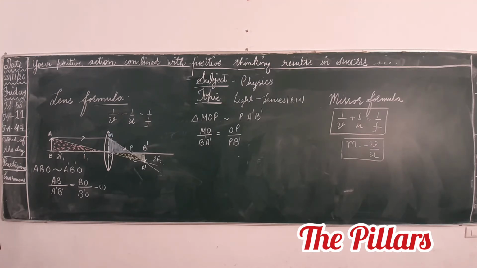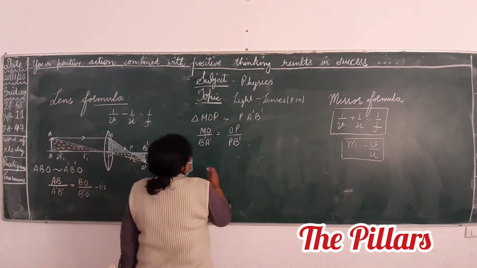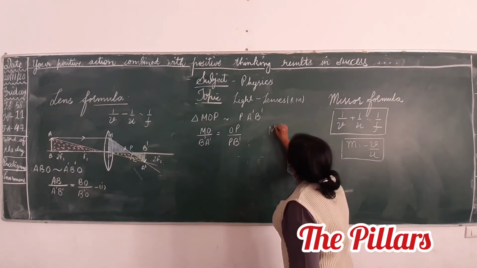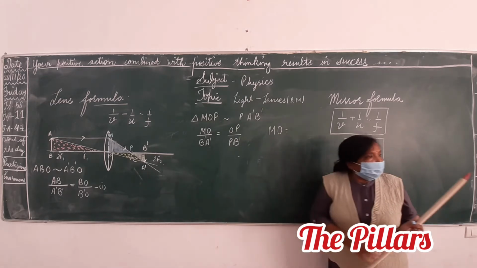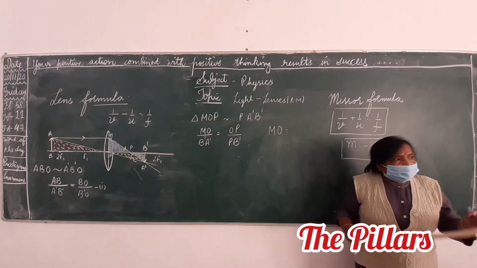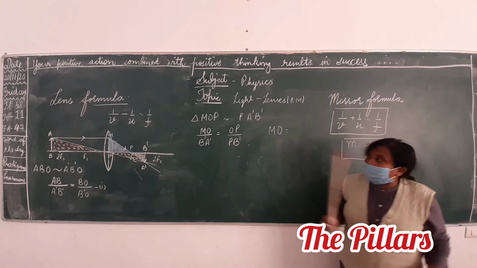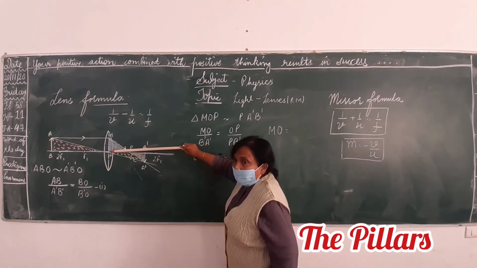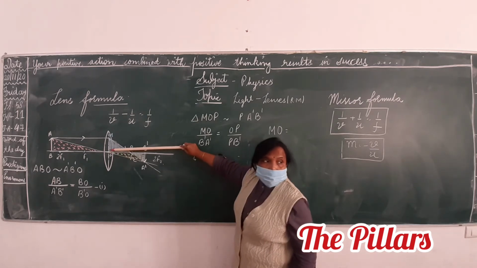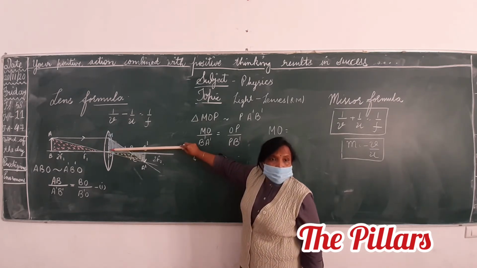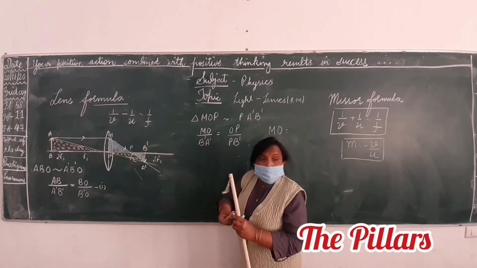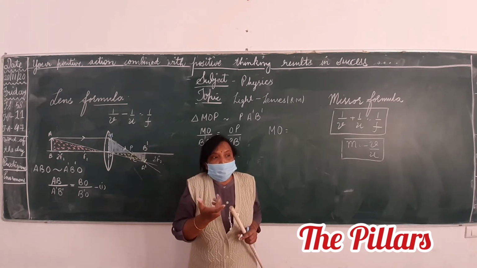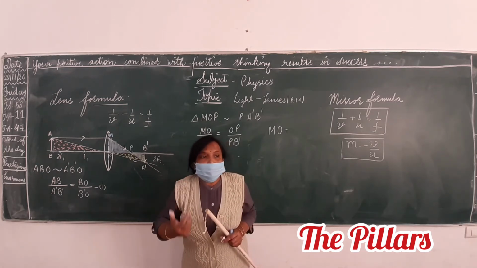Clear? Can anyone tell me with what length should I replace MO? Just think. With which length should I replace MO? Means the length of MO is equal to which length? This length. Saurabh, can you tell me?